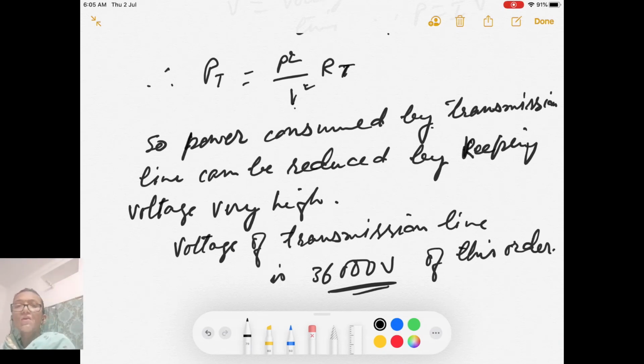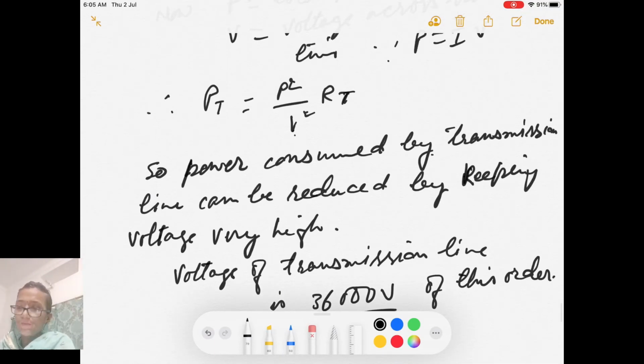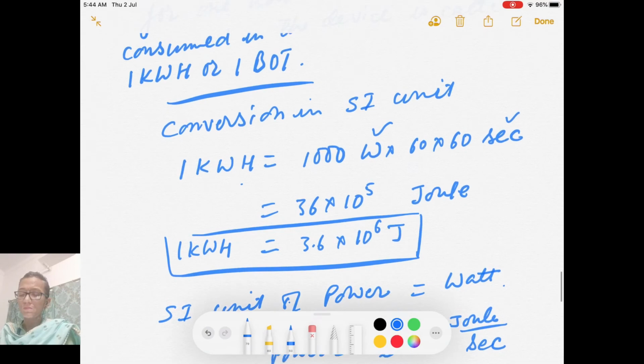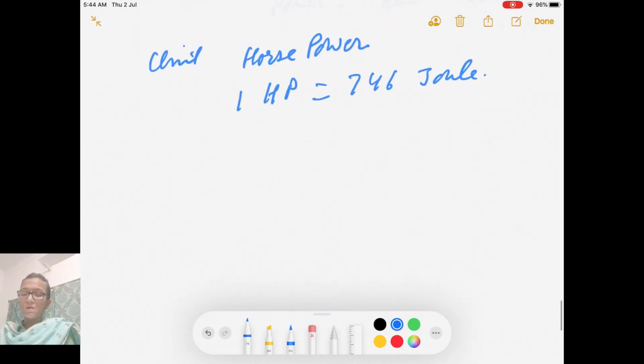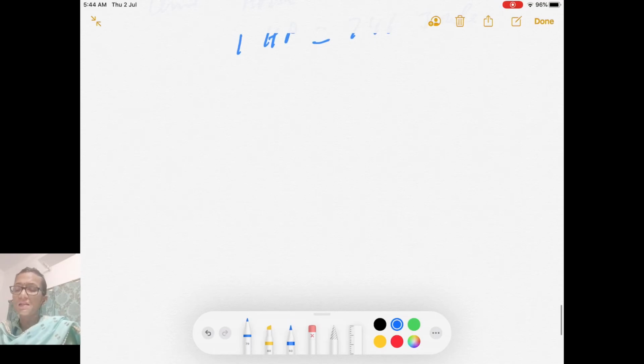So this kind of lines are running all along the path just outside our cities and they are very dangerous. We should be very cautious while crossing those transmission lines. Their voltage is as high as 36,000 volt or near to this. So this was about electrical energy and then power.